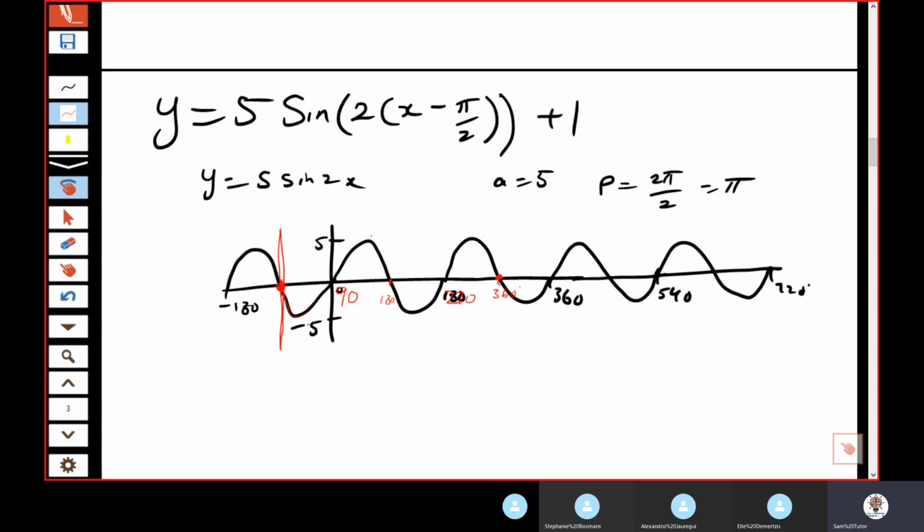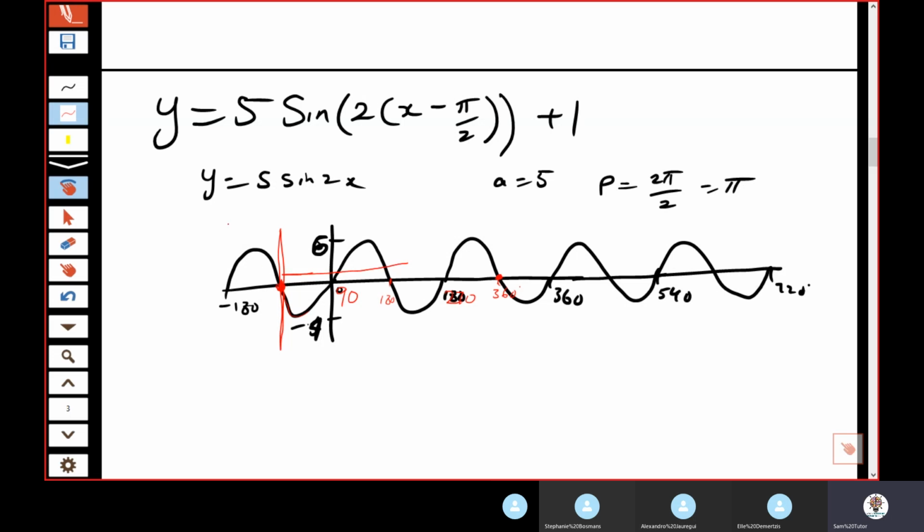It's this, there. And last, shift the whole thing up 1. So instead of it being at 5, it is at 6. Instead of it being at negative 5, it is at negative 4. Where's your 0? 0 is not there. That's at 1, right? So 0 is just a little bit higher. 0 is somewhere there.